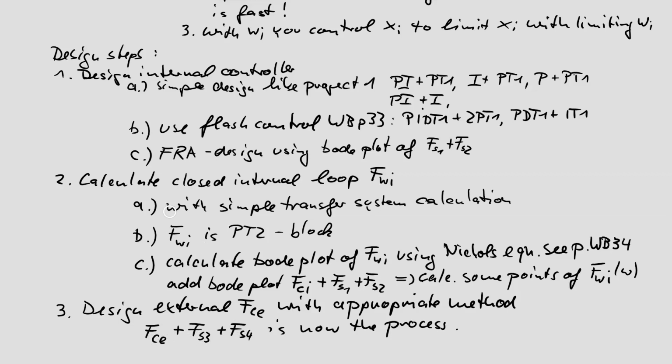What is this? Is this just a simple PT1, or here is this a simple PT2? Or in C, this is the Bode plot, and if you know the Bode plot of the closed loop system, you have to add the Bode plots of FS3 and FS4, and this is also a time-consuming way, and then do the design like FRA design using the Bode plots.